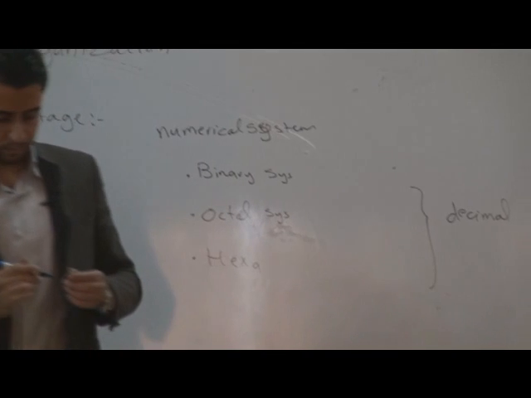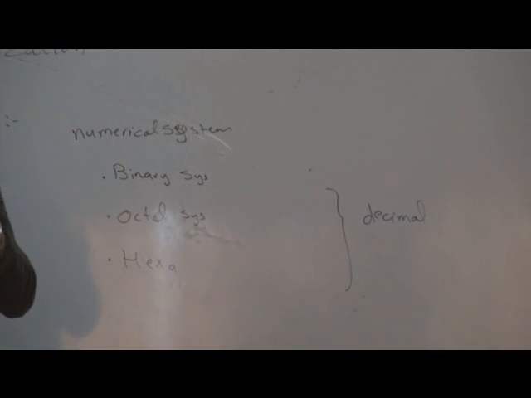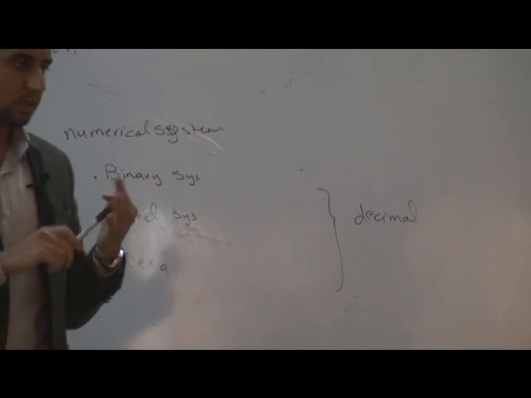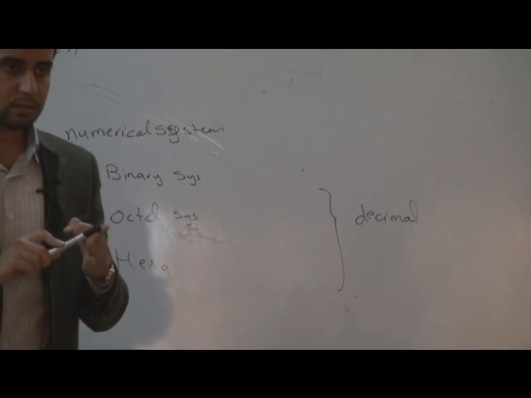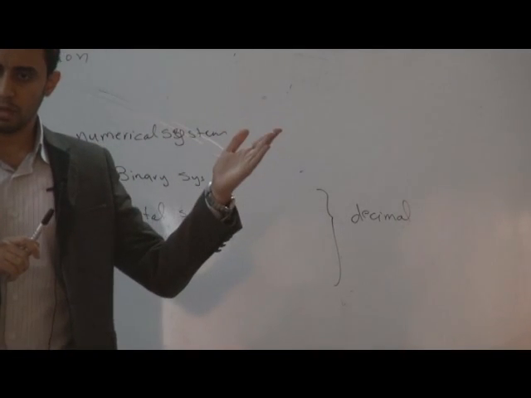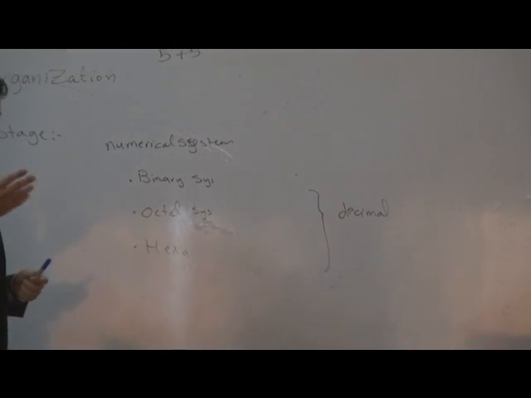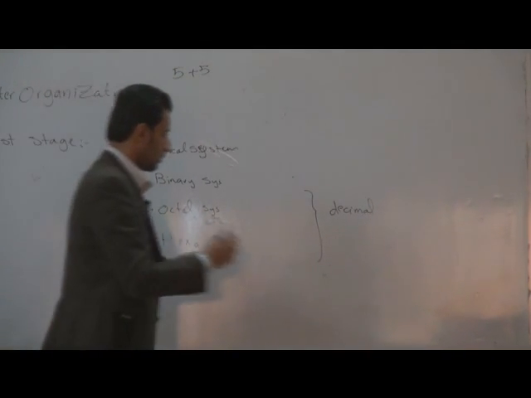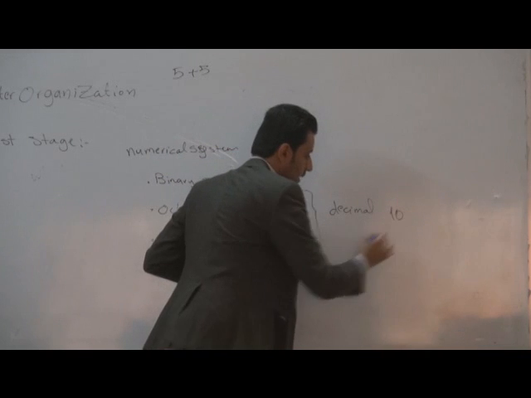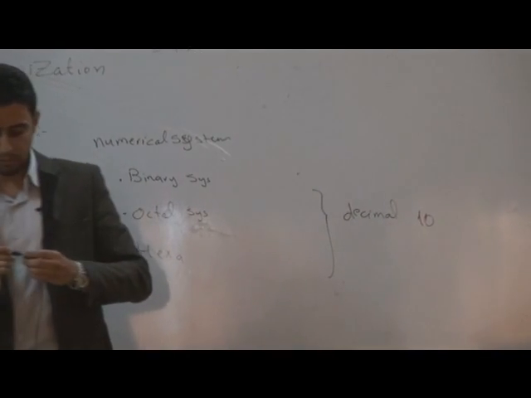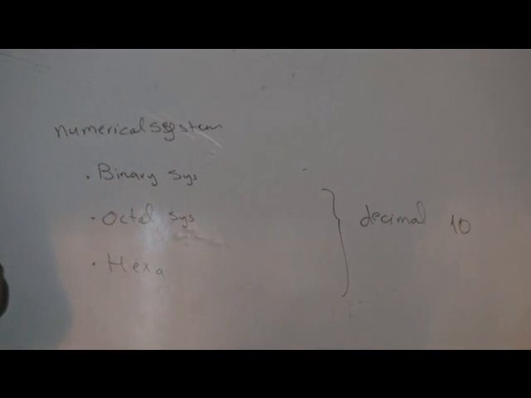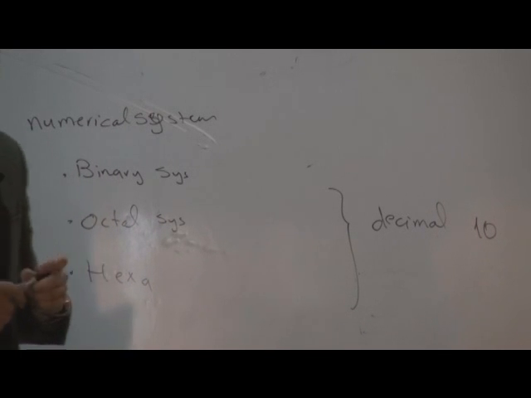So we have three categories: binary, octal, and hexa. And another part, we have decimal. All of you know decimal deals with base 10, because it consists of digits from 0 to 9.